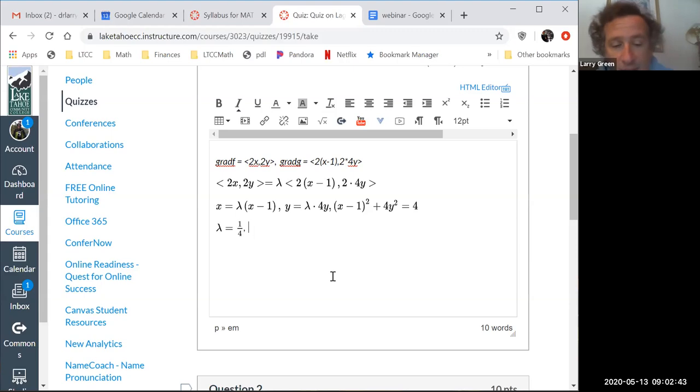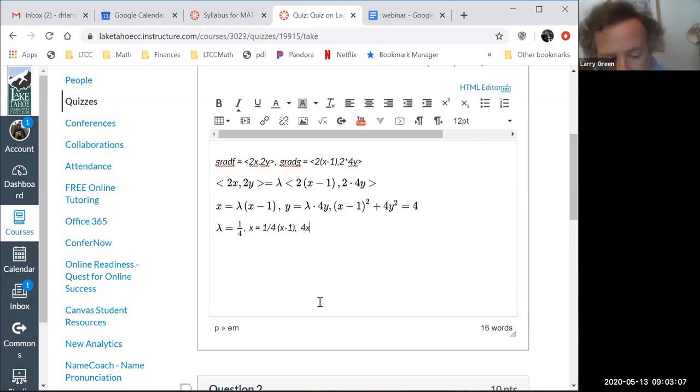Okay, so once you know lambda is a fourth, now you just plug it in. Let's plug that into the first equation, and we can say x is equal to 1/4 times (x minus 1). Any questions on that? Okay, let's multiply by 4 to get rid of the fraction.